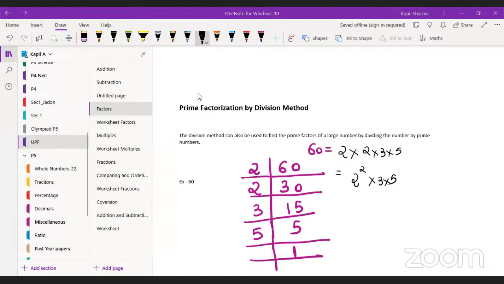Okay, I hope this is clear. Yes, any questions here? Swastik, Revat? Swastik knows this. Revat? No. Okay.